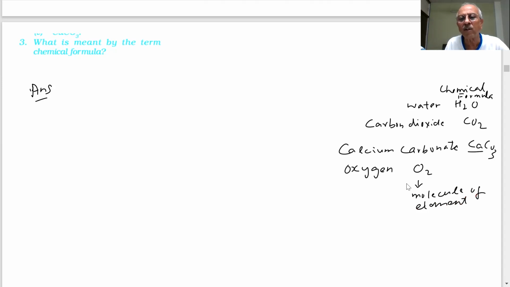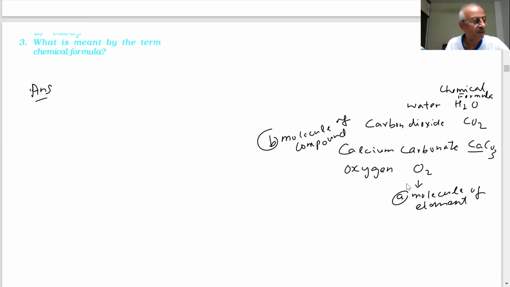What is this? This is also a molecule, but a molecule of what, as we defined? A molecule of a compound. Did we explain this to you in the previous lectures on YouTube? Yes or no? Yes, sir. Okay. So molecules of an element can be there, molecules of a compound can be there. We are representing them not by the full name but by a symbolic representation.